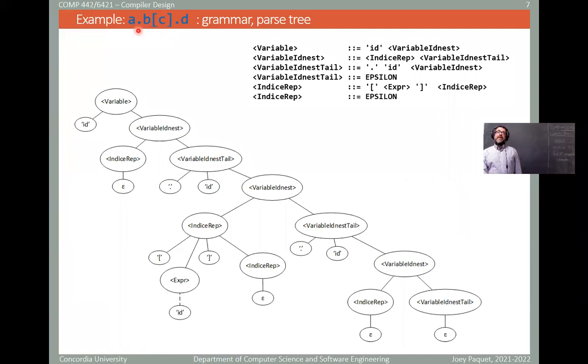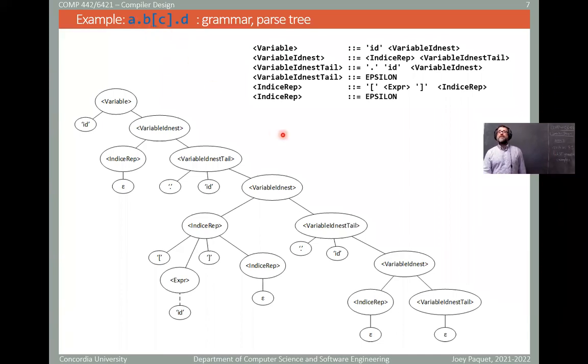So you can have A.B and C.D. For example, this is assuming that B is an array that has one dimension, and then C is the index in the first dimension of B, right? So that allows you to have any number of IDs, and then each of the different IDs can actually be indexed by any number of dimensions.